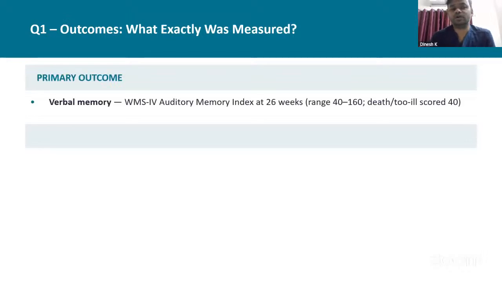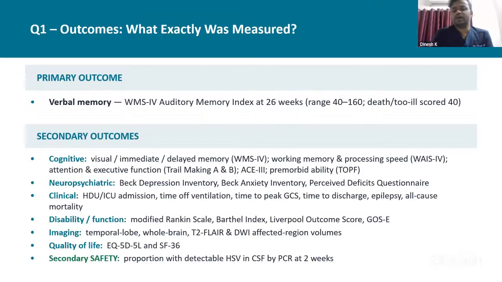So what outcomes did they exactly measure? We know the primary outcome which they measured, and coming to the secondary outcomes, there is a big list they were interested in. They haven't tested only the verbal outcome. They were interested in assessing the visual memory, working memory, processing speed. In neuropsychiatry, they were interested in the depression and anxiety scores.